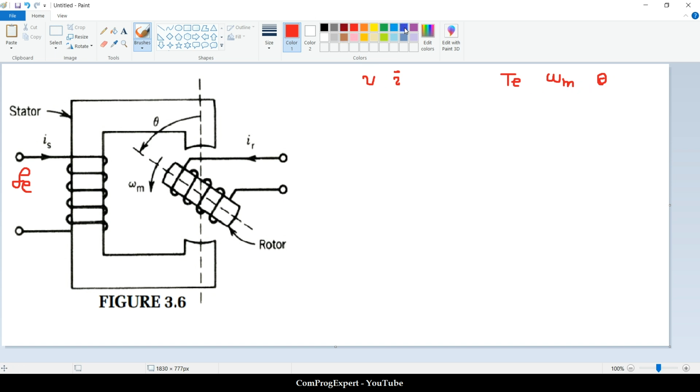So in the case of AC, in the case of harmonic analysis, harmonic components, we can have electrical frequencies and mechanical frequencies.